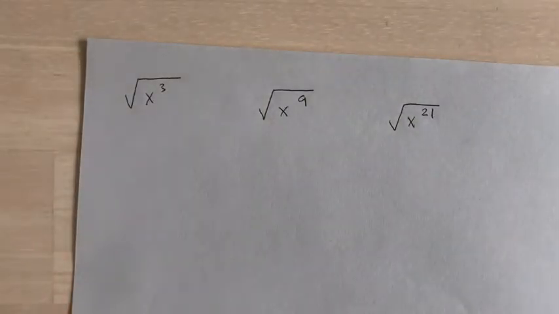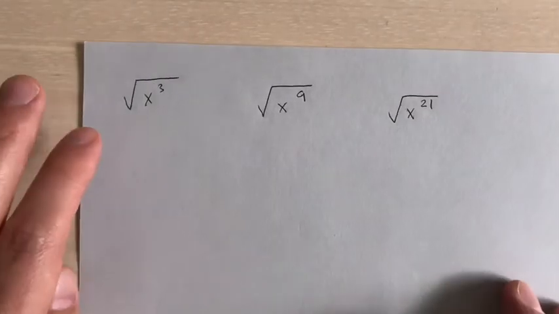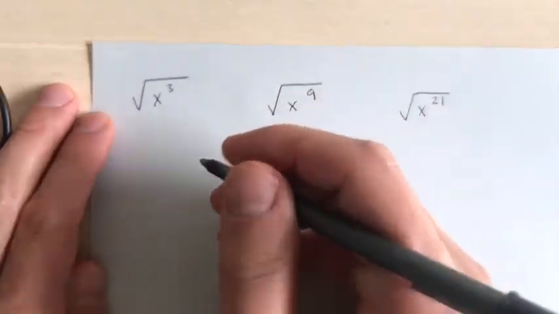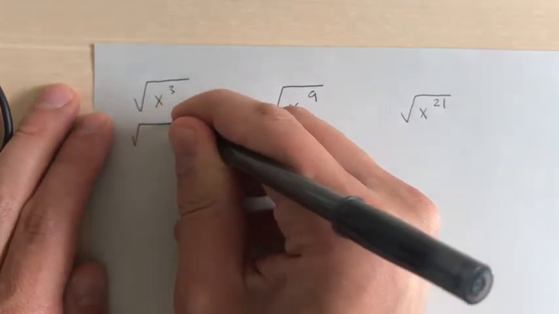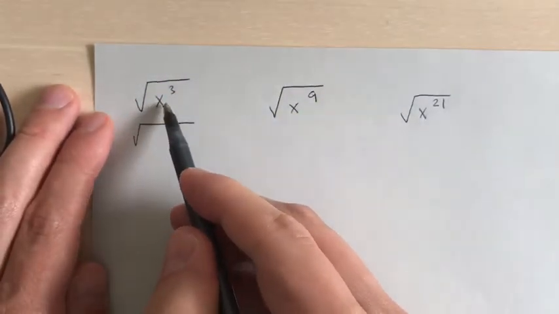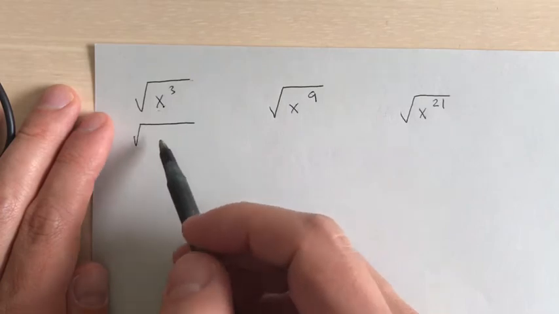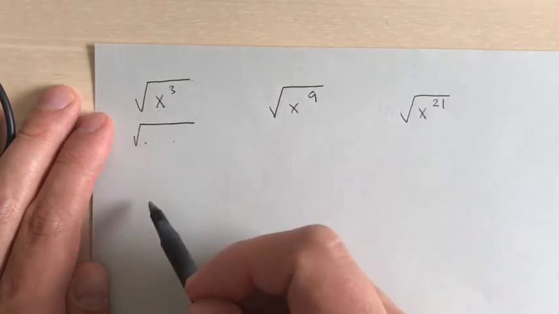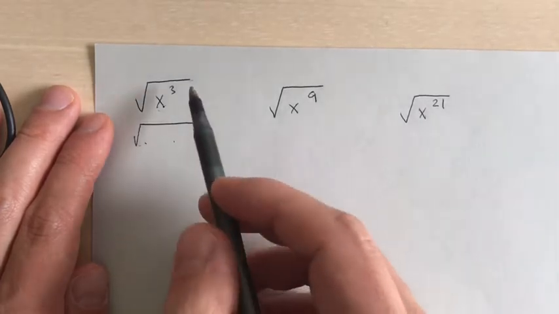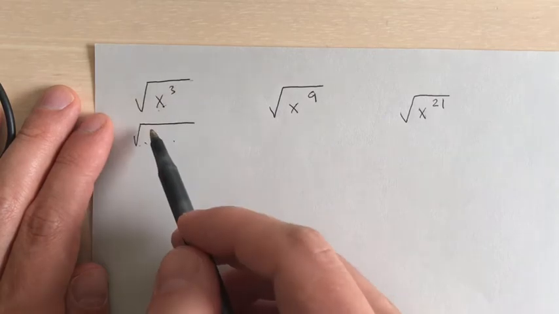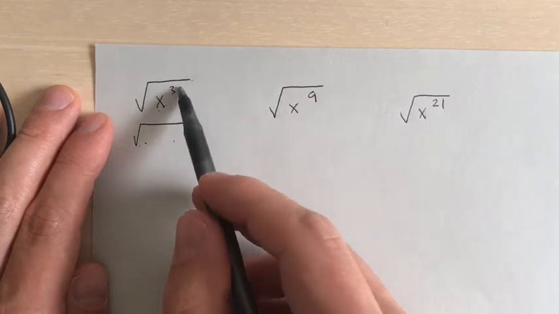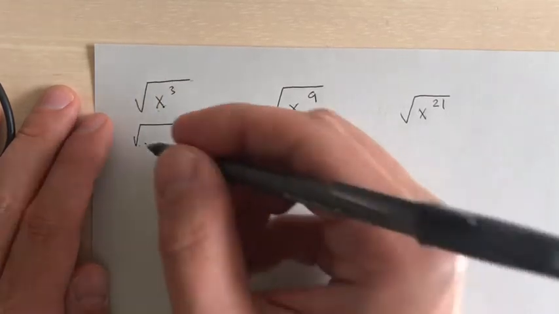So x cubed, how do I actually write that simplified? The way you do that is you break it down just like you would a number. You have to ask yourself, what times something gives me x cubed, but I want one of those factors to actually be square rootable. And the way I do this is I think of the next even number down from 3. The even number that comes right before 3 would be 2, right?